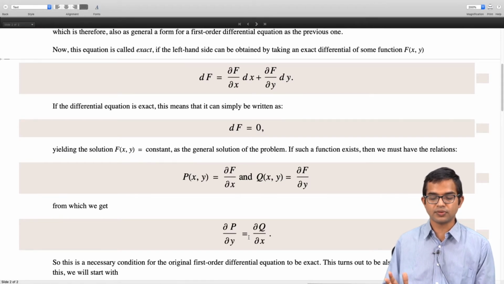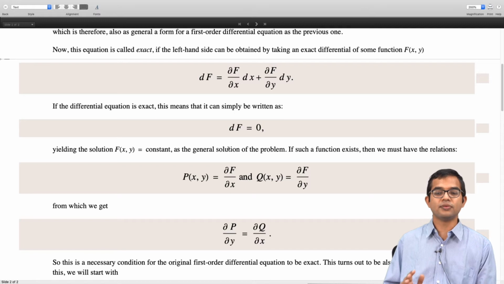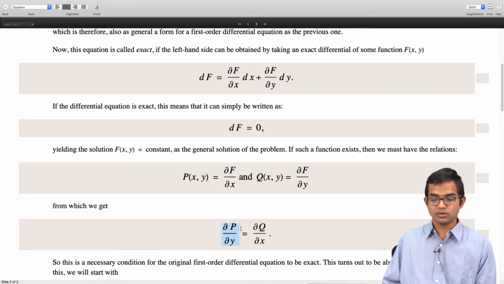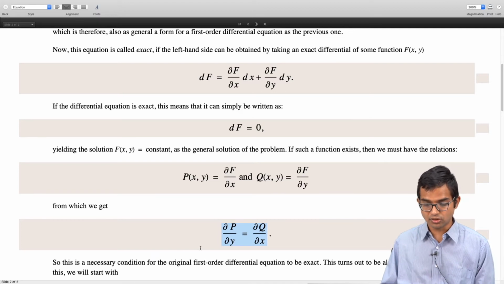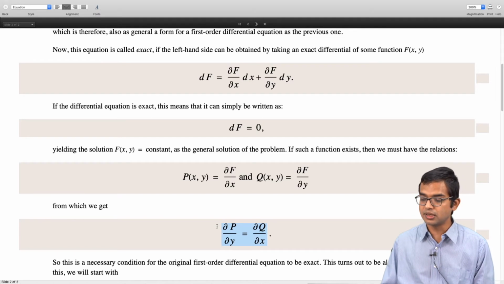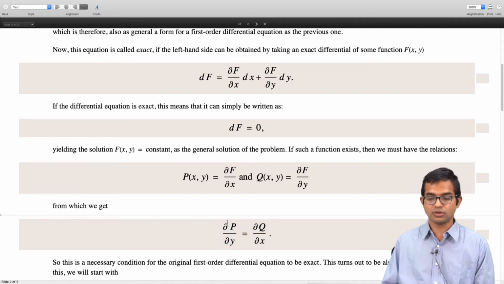So when you're given a differential equation, you don't know what f is, whether there is such an f or not. But if you can immediately test this, then if your differential equation is exact, this must hold. But it turns out, in fact, that this is even stronger. There is also a sufficient condition, right?